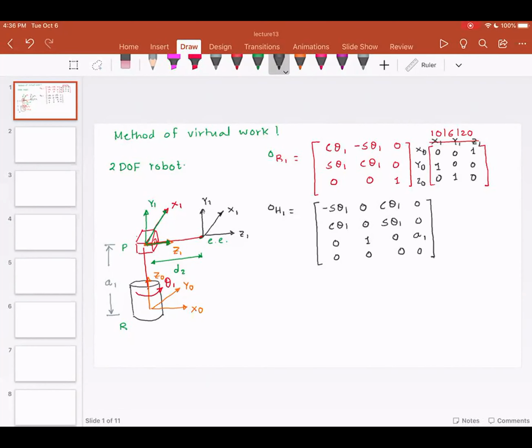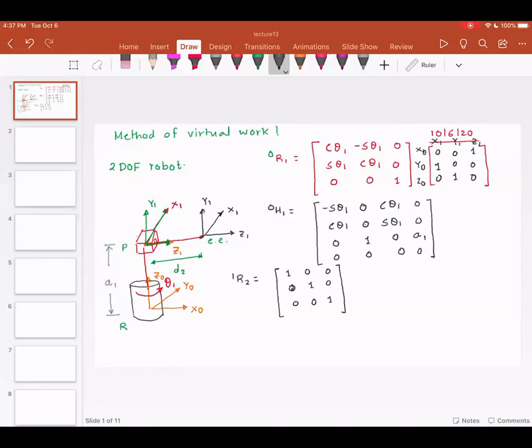Now the next thing is I need to find 1R2. Please note 1R2 is a prismatic joint, and for the prismatic joint the rotation matrix is 0 1 0, 1 0 0, 0 0 1.